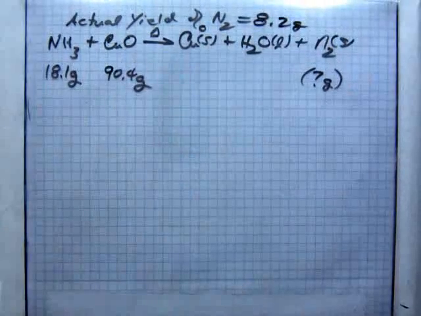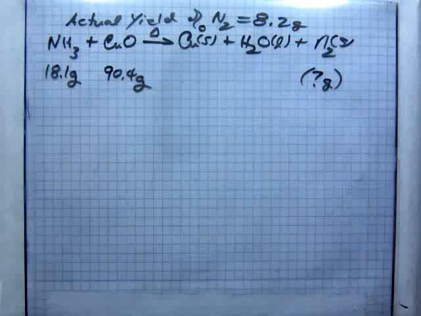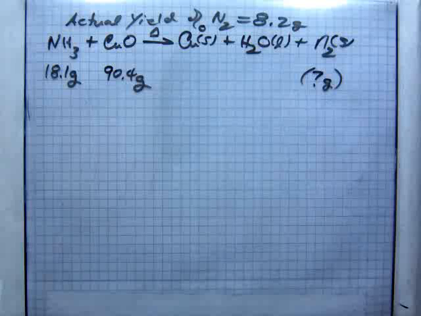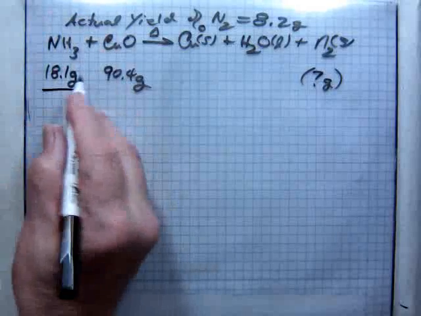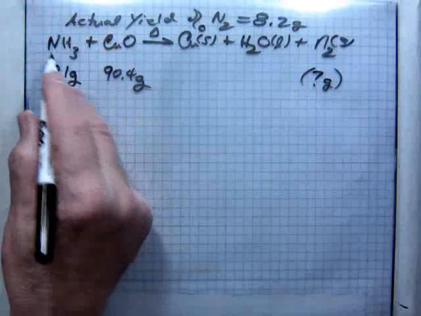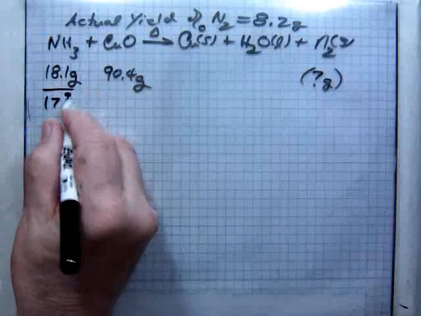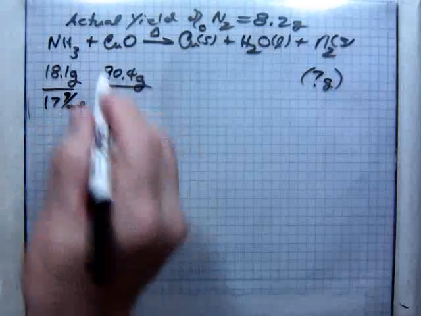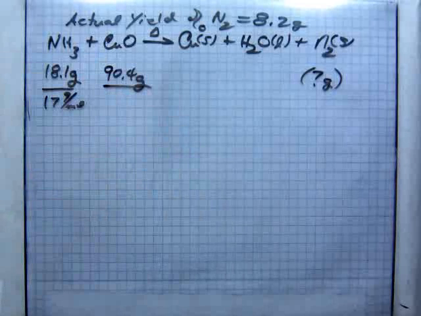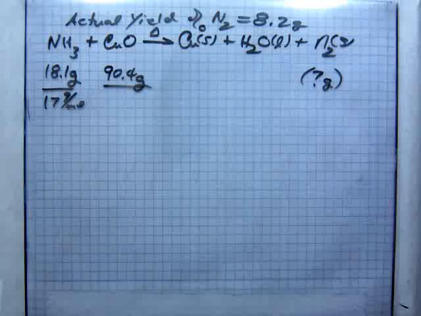So, what's the rule? What's the first thing I need to do? Anybody? Convert to moles, right? How do I do that? Divide by formula weight, right? Everybody good? All right, so this one's divided by 17 grams per mole. And copper oxide, 63 and a half plus 16.